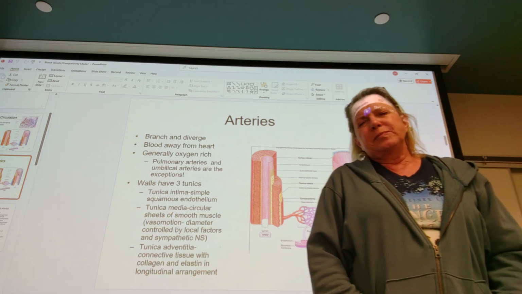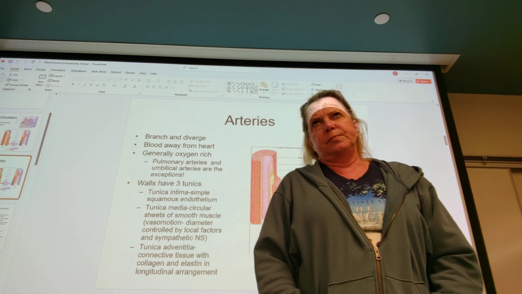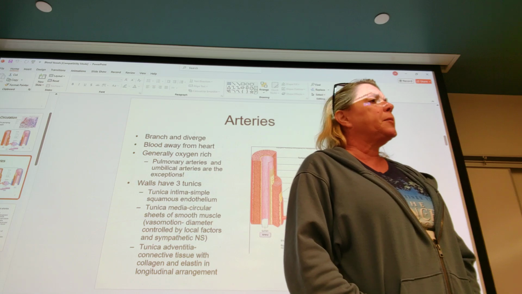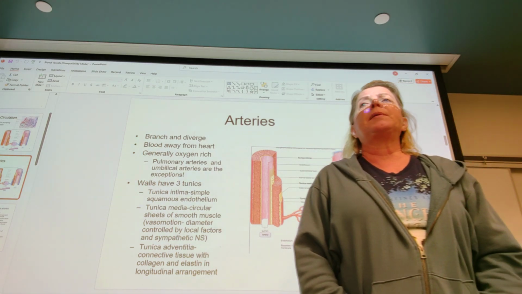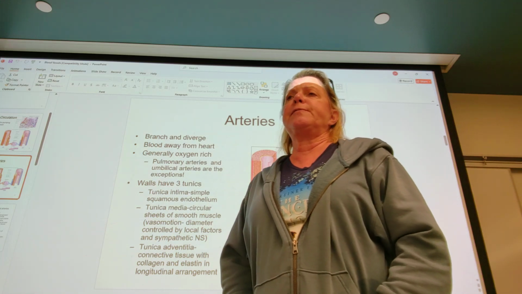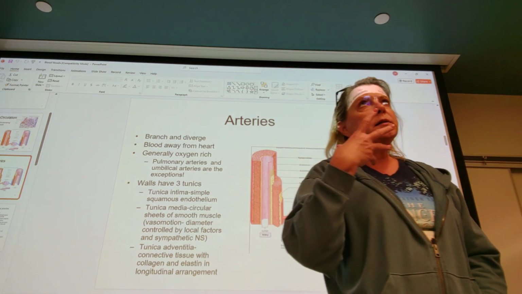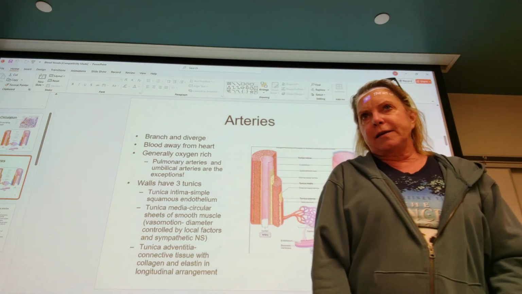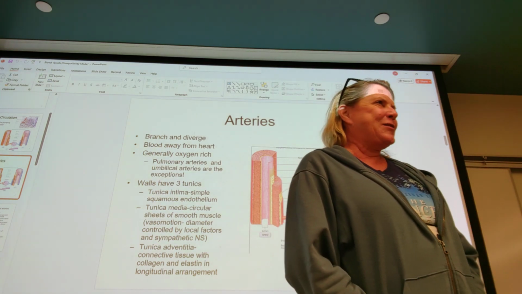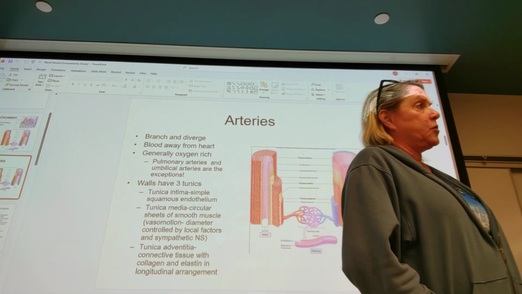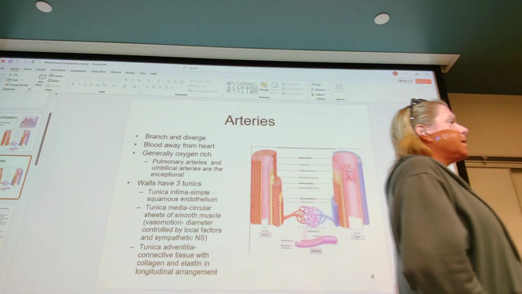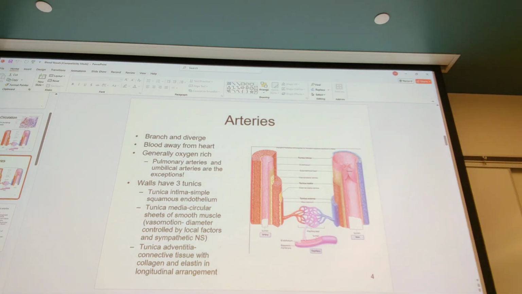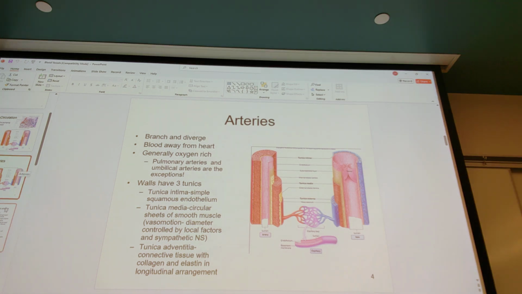It is basically similar to simple squamous epithelium, but because it's in a blood vessel, it came from a different embryonic origin, so we call it endothelium to recognize that. So they have these tunics. Both types of arteries share those qualities.